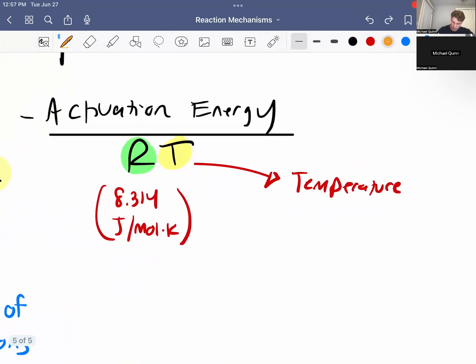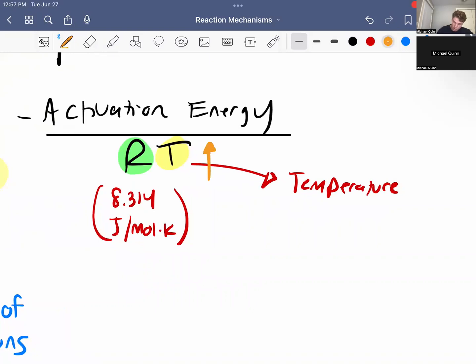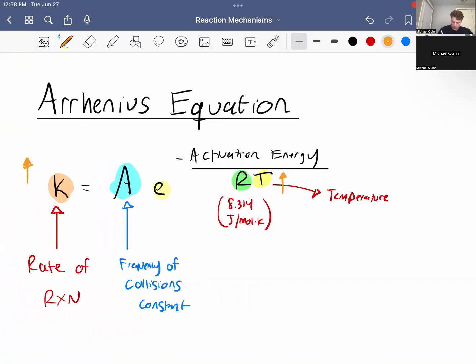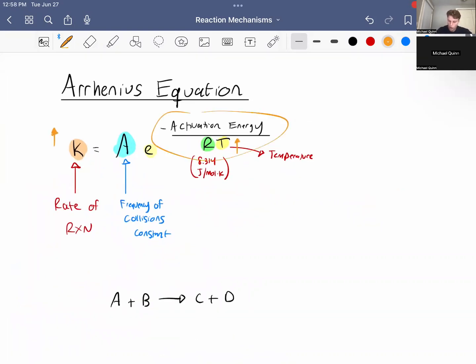In the same light, increasing the temperature will also increase the rate of our reaction, because it will make this overall fraction a smaller number by increasing the denominator, but it will make it a smaller negative number, which is in turn bigger, which will increase the rate of reaction.